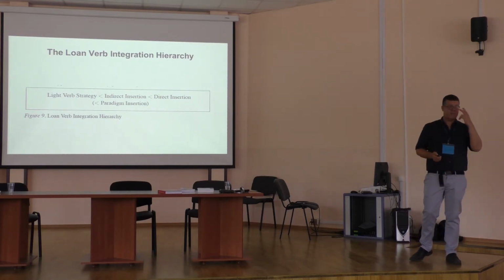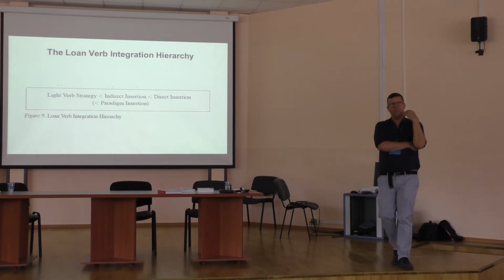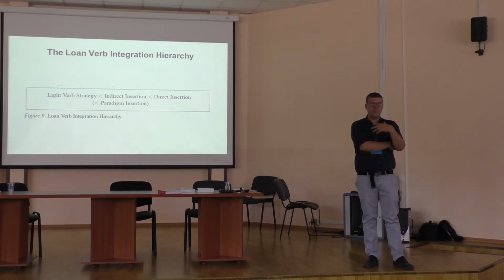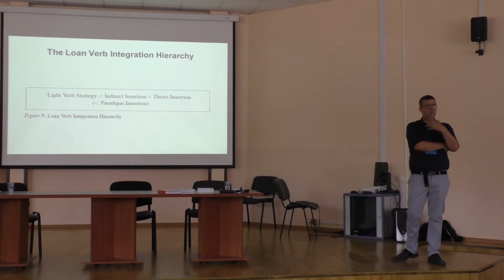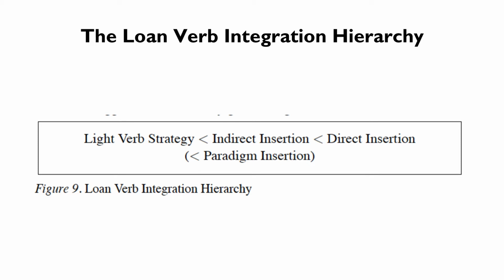So some side effects of this, because his point was not just to say Moravcsik was wrong, which is a completely uninteresting thing for linguists to want to say, but rather there's a hierarchy of borrowing strategies. So he imagines this as kind of, imagine the amount of mechanics or effort that you have to expend in order to treat a borrowed verb as a native verb.